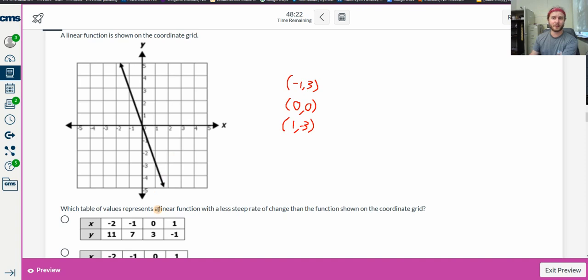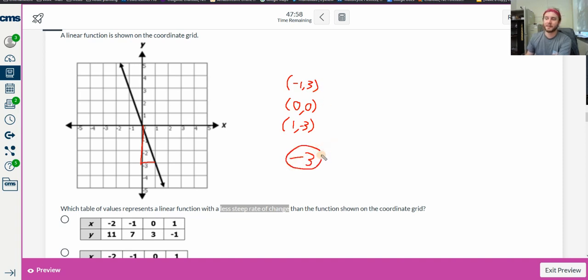This one isn't asking for which function matches this, it's asking which function has a less steep rate of change. So for this one, the rate of change, or the slope, we're going down by 3, we're going over by 1. Meaning for every 1 I go over, we're going down by 3. So the slope here is -3.